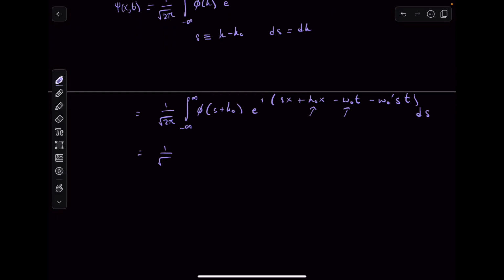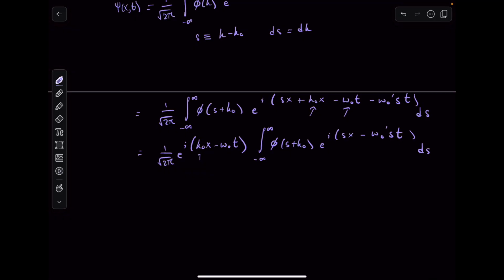If we pull that outside of the integral, we get this term that will give us the velocity we had from before, which is good because it's for a specific k naught value. And then inside this integral is where we're left with the actual group velocity, which in this case is represented by this exponential function.